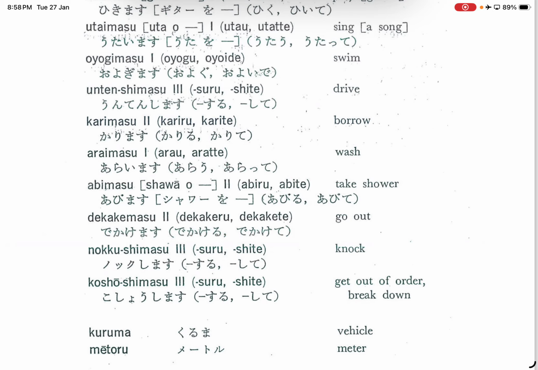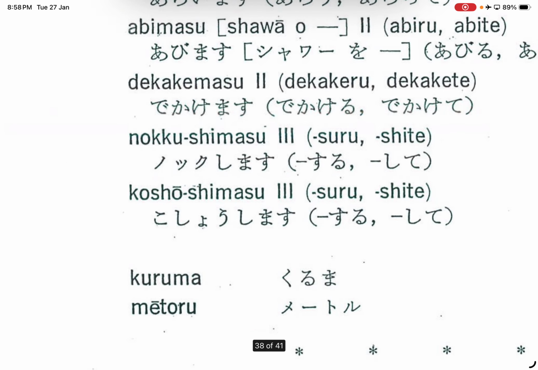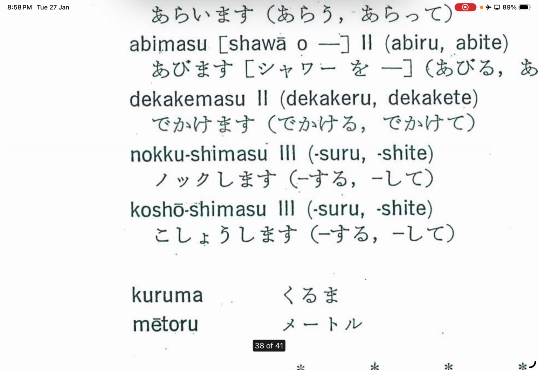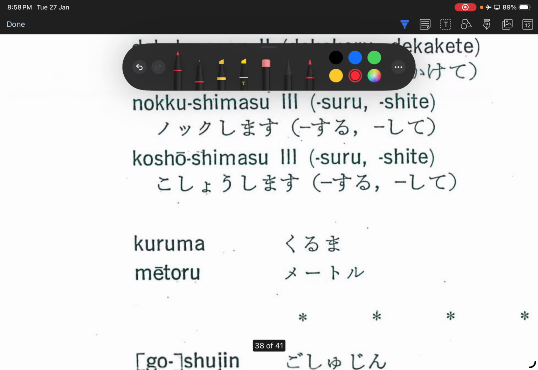Knock shimasu. Koshou shimasu. Means break down. Then I want to introduce one word to you which can be quite useful. It's called koshou shimasu. Koshou and koshou. Can you hear the difference?